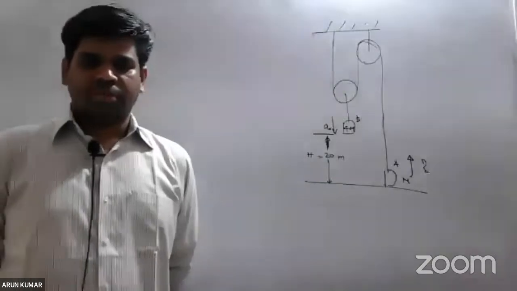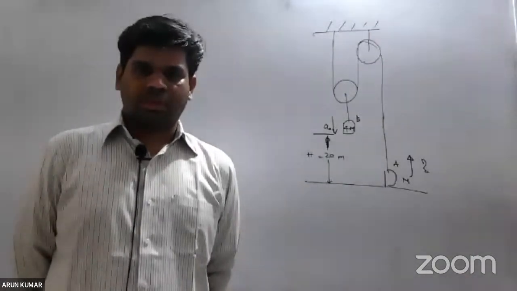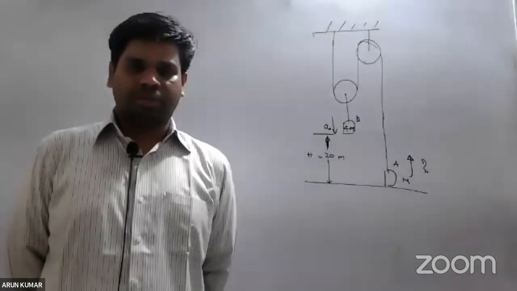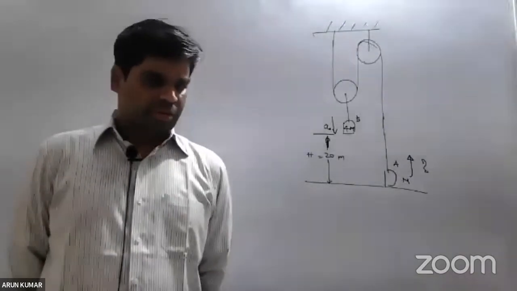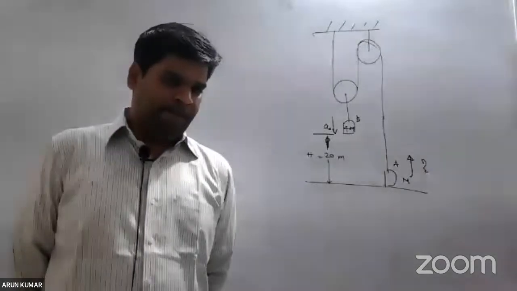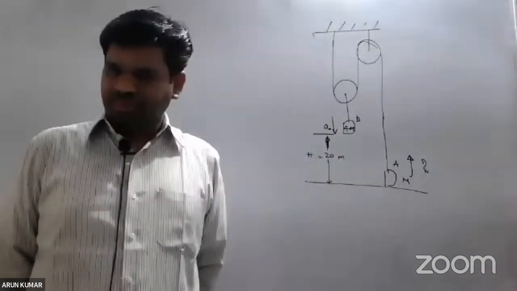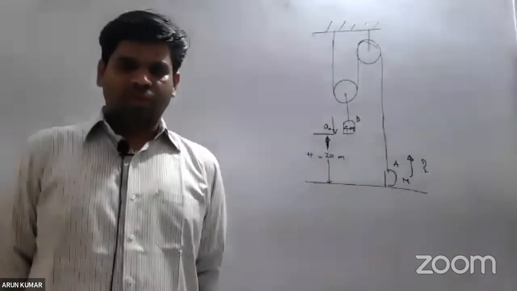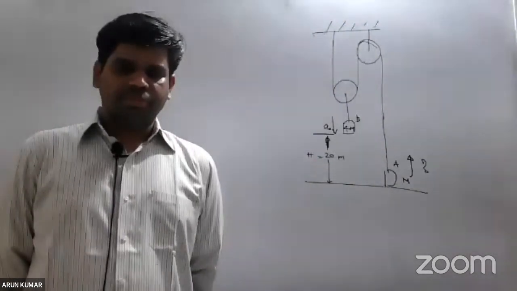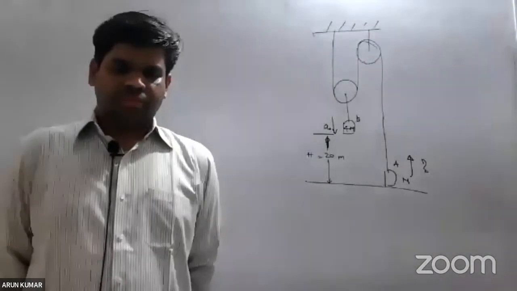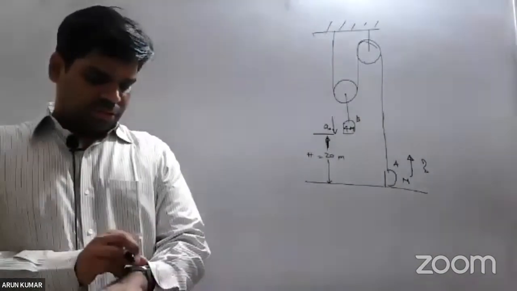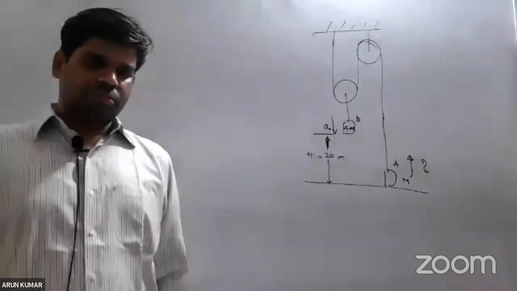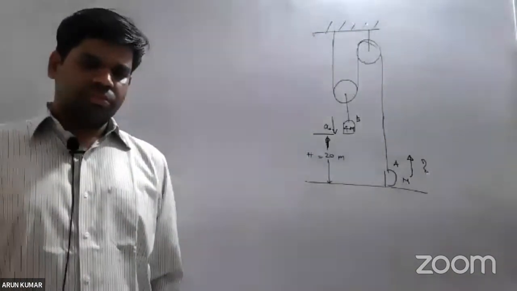Tell me what is right. 2a naught, sir. Okay, why is it so? If we move block B upwards, the block A will come downwards with 2a naught.